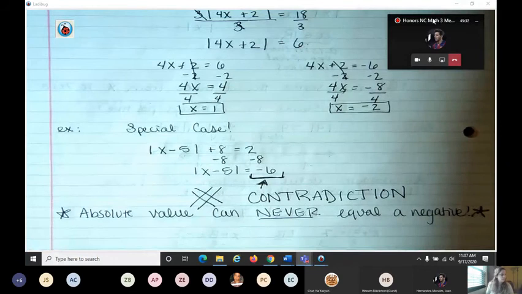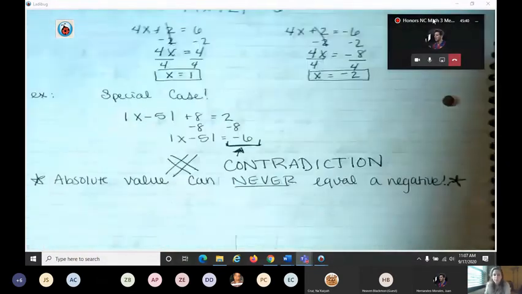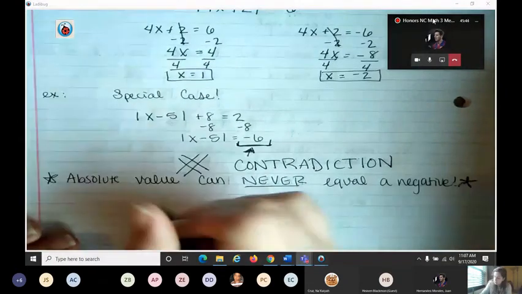So our final answer for this particular problem is going to be no solutions.